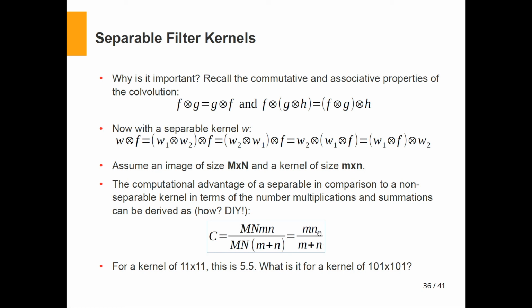So the ratio between the two gives us the amount of advantage that we get if we perform the convolution in a separable way. For example, if our kernel is of size 11 by 11, just this simple change gives us a 5.5 times boost in computational performance. It's even higher for kernels of larger size. For example, if our kernel is 101 by 101, it gives us more than 50 times advantage.